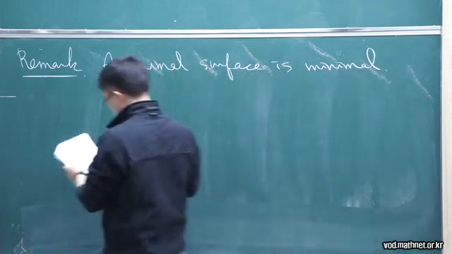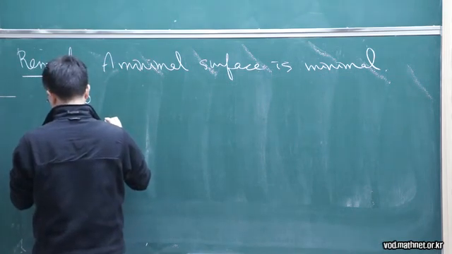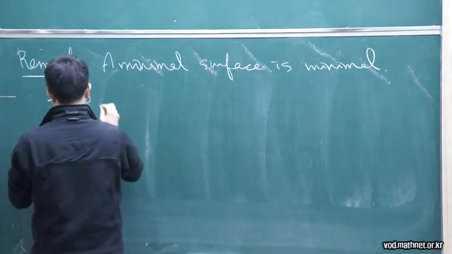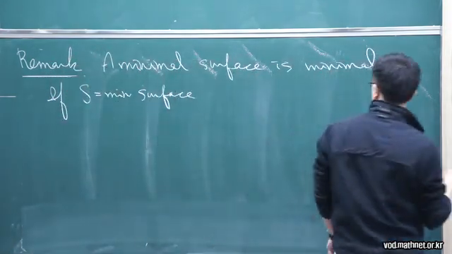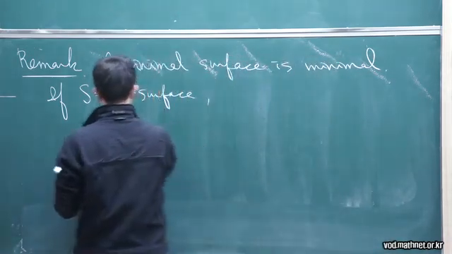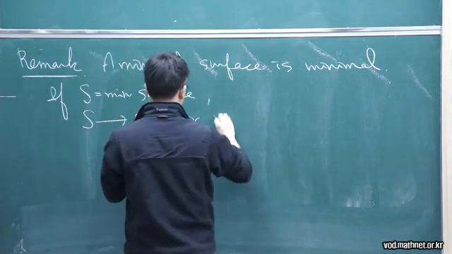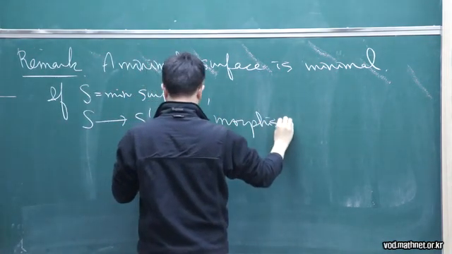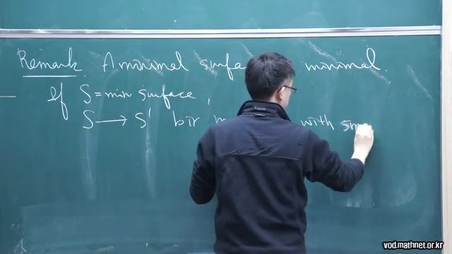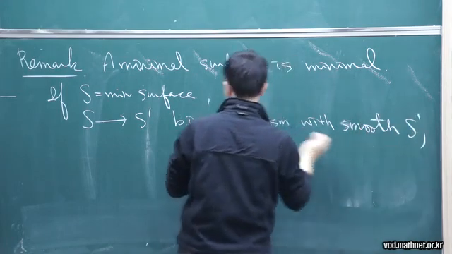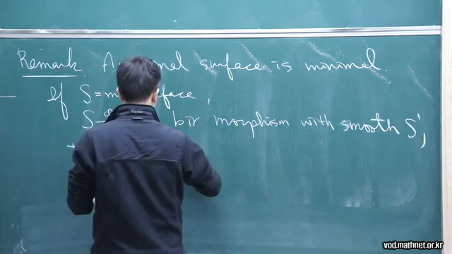That means if S is a minimal surface in this sense, and S prime is a birational morphism with smooth S prime, then the map is an isomorphism.